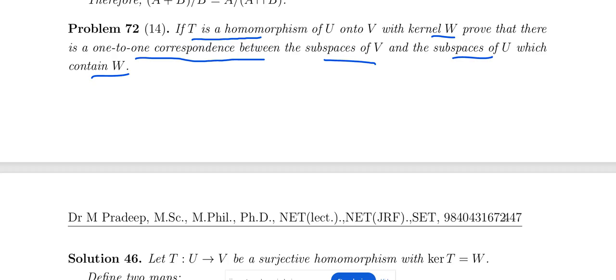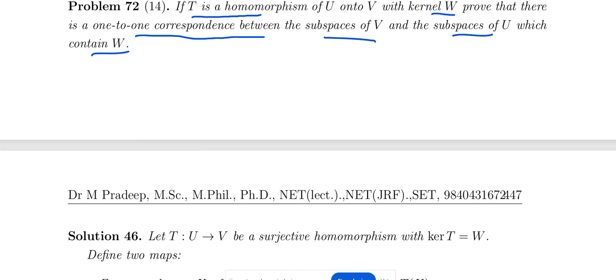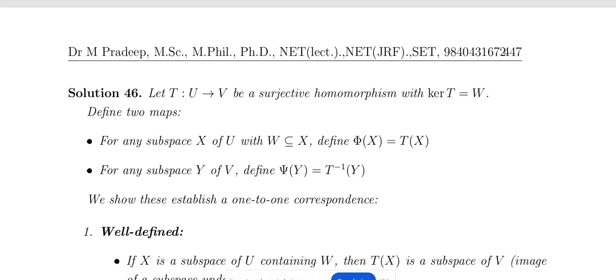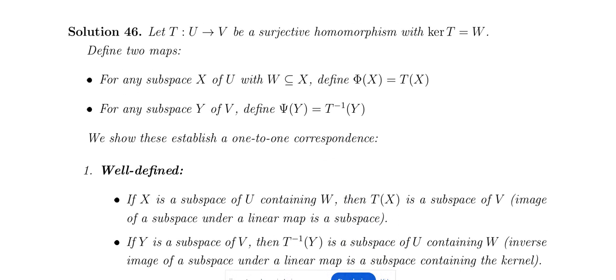T is a homomorphism from U onto V with kernel W. One-to-one correspondence means one-to-one onto-வா இருக்கு அப்படின்னு சொல்லுவாங்க. ஸோ இங்கே T from U to V என்றது surjective homomorphism with kernel T equal to W.